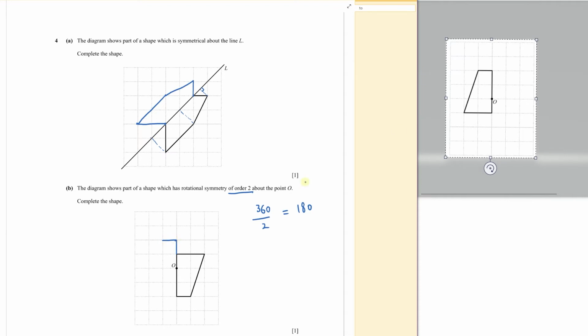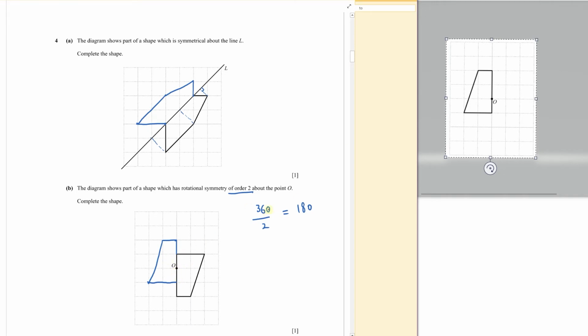So this line here, I'll join these 2 points. So like this, and then two to the right, like this, and then back to point O. Back to point O is already drawn. So this is how you will complete this diagram.